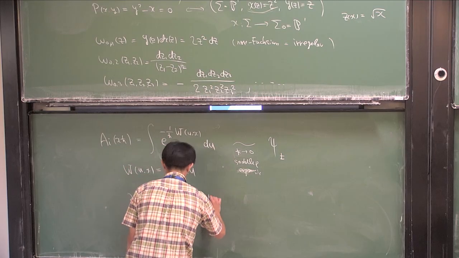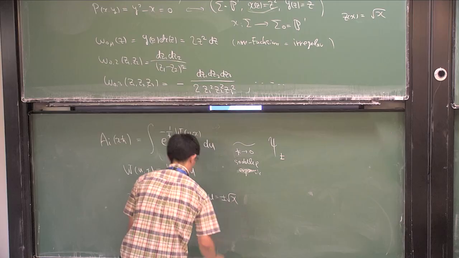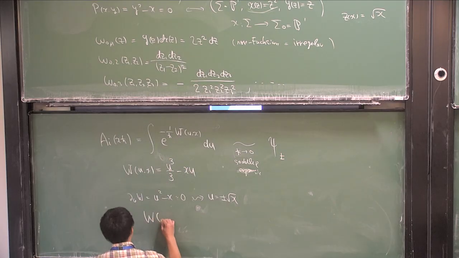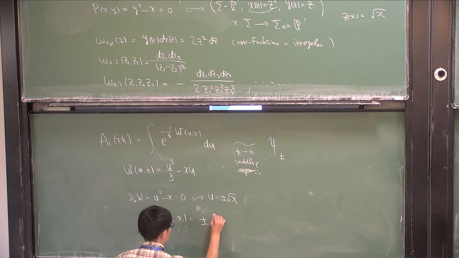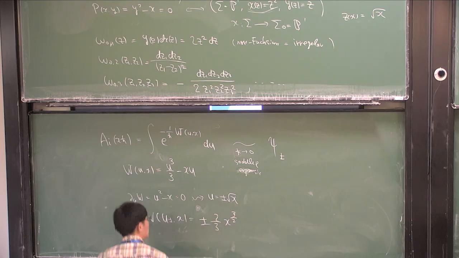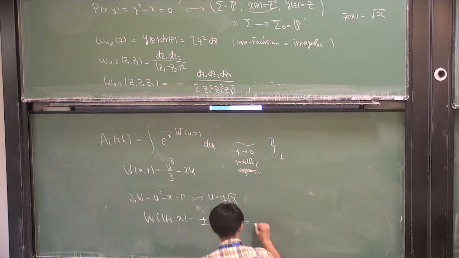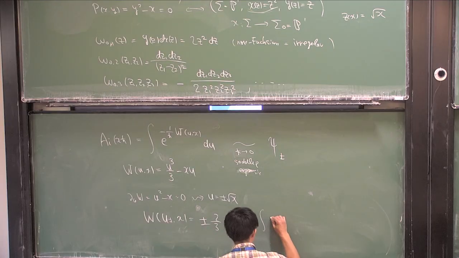Then you have two critical points, and the corresponding critical values are nothing but plus or minus a constant times x to the three halves. And actually, this is the primitive of omega 0,1 evaluated at z of x.